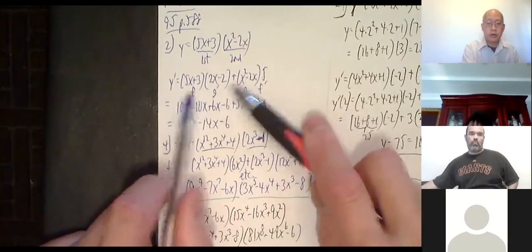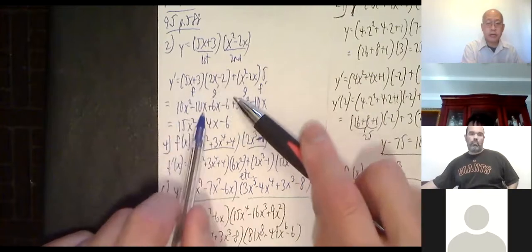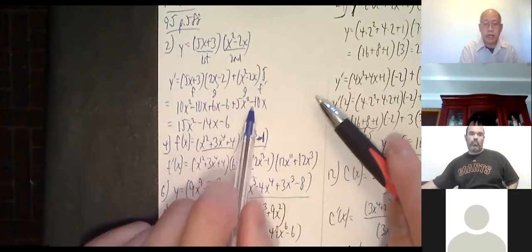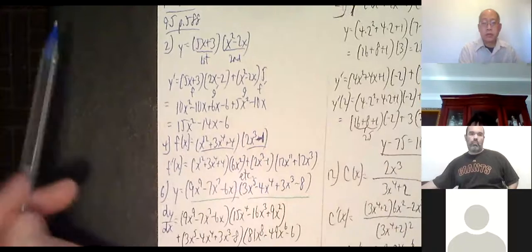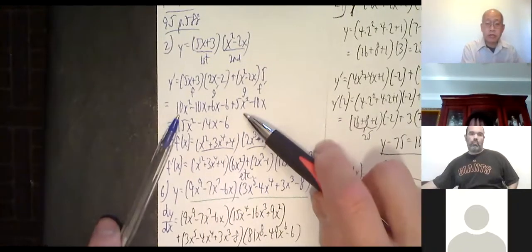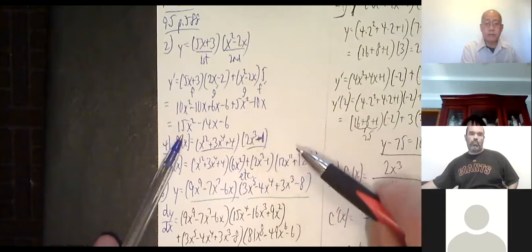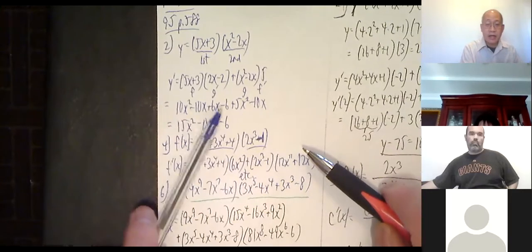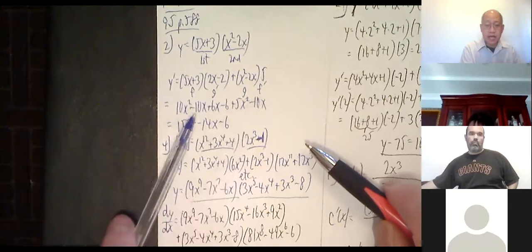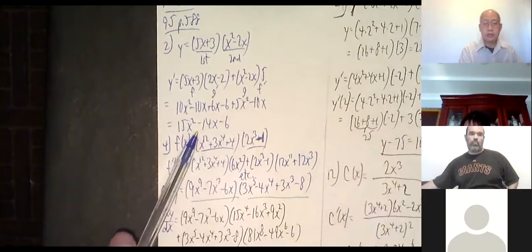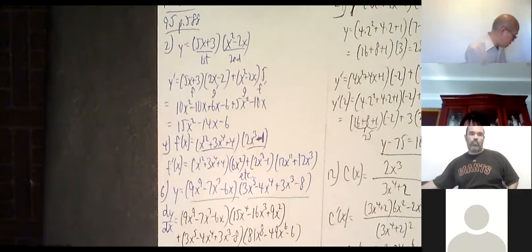First, outer, inner, last is all that. And then distribute the 5. So 5x squared minus 10x. Combine like terms. So 10x squared plus 5x squared is 15x squared. Negative 10x plus 6x minus 10x is a minus 14x. And then we have minus 6.